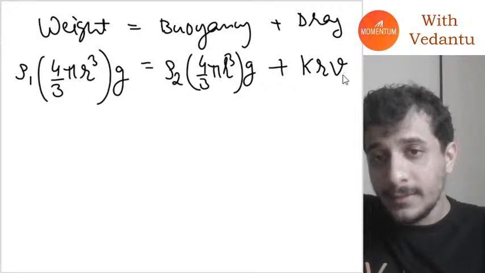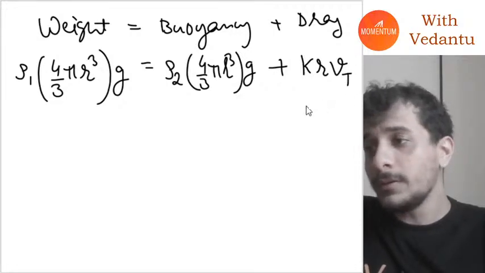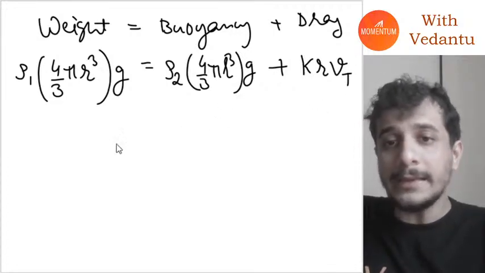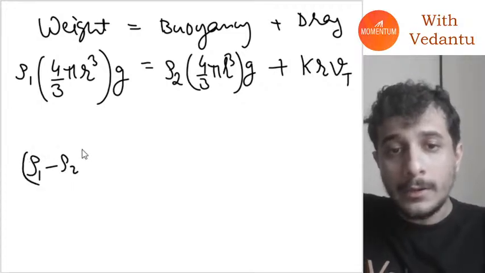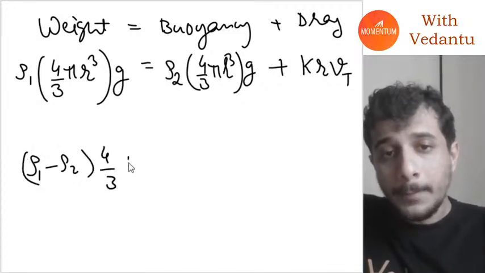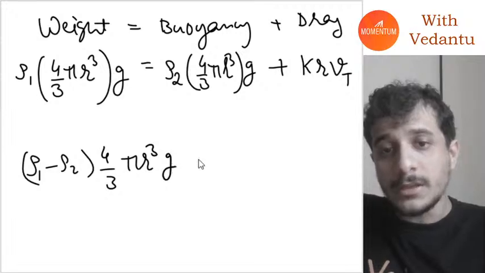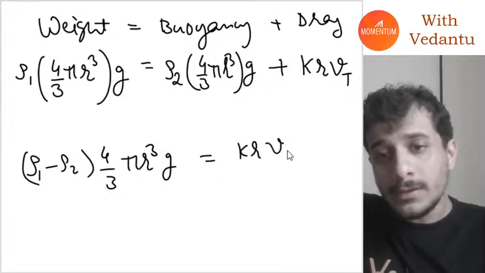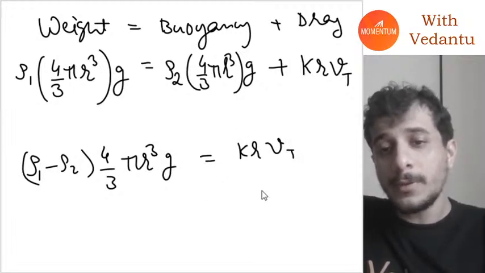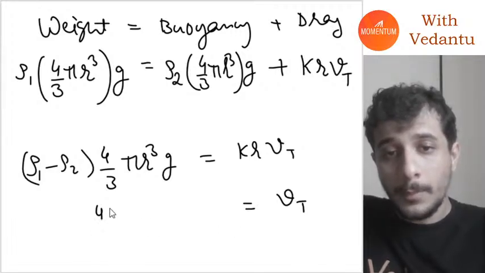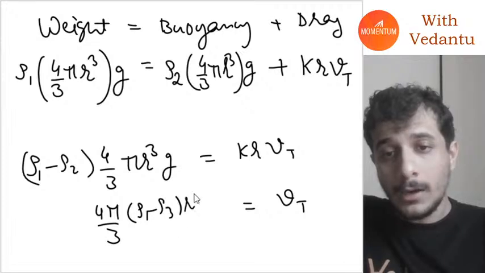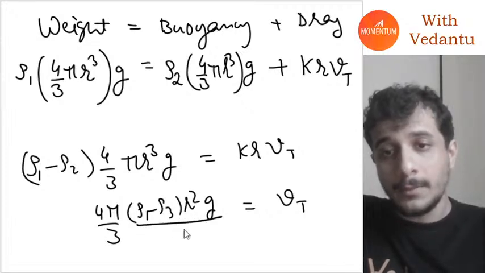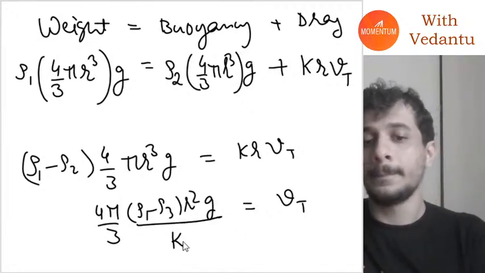Now in this case, because it is going with terminal velocity, I will write the velocity as Vt, which gives me rho 1 minus rho 2 into 4 by 3 pi r cube into g is equal to k r Vt. Which just gives me finally Vt is equal to 4 pi by 3 into rho 1 minus rho 2 r square g divided by k.